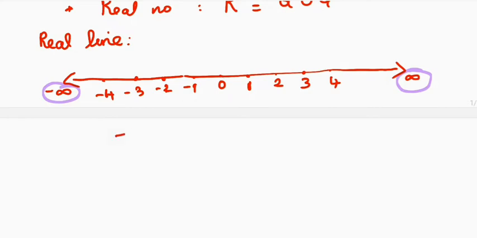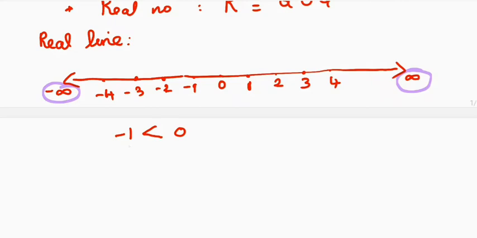For minus 1 and 0, minus 1 lies to the left of 0. So minus 1 is less than 0. The value increases when we go to the right side, and decreases when we go to the left side.